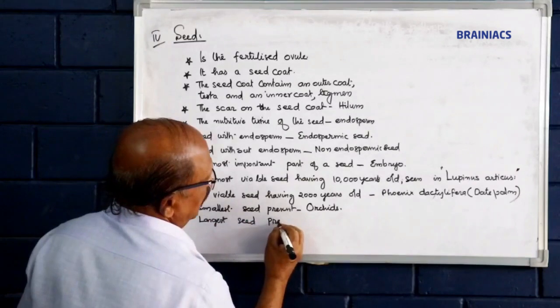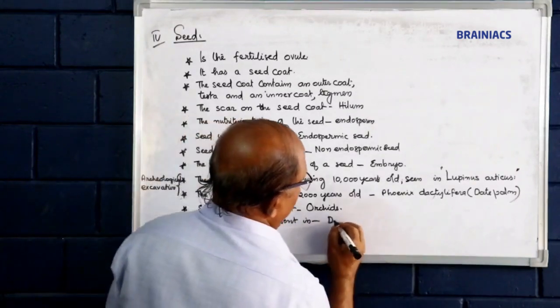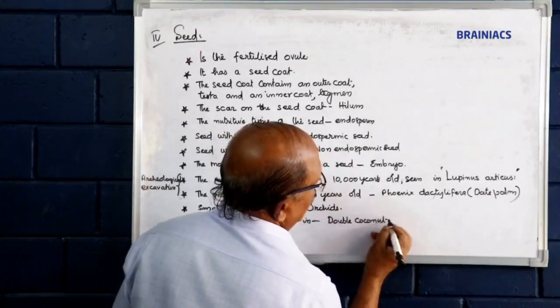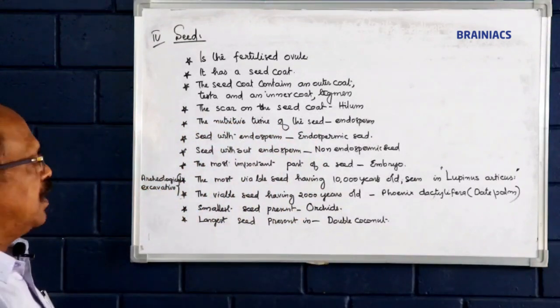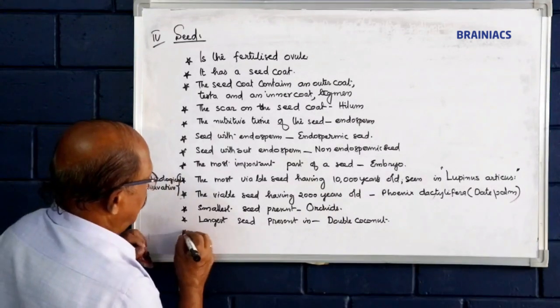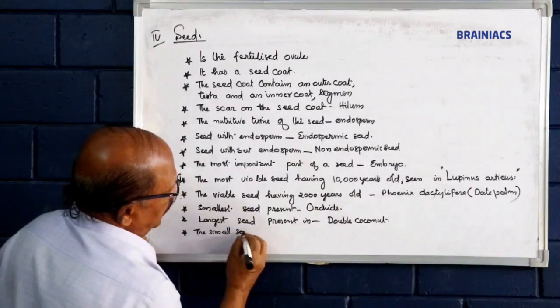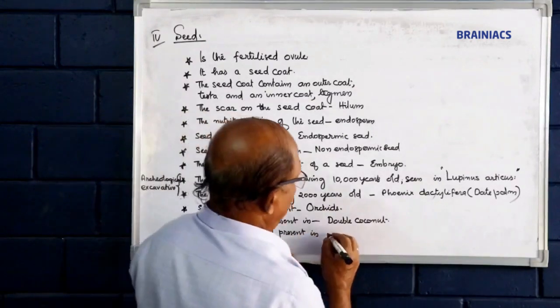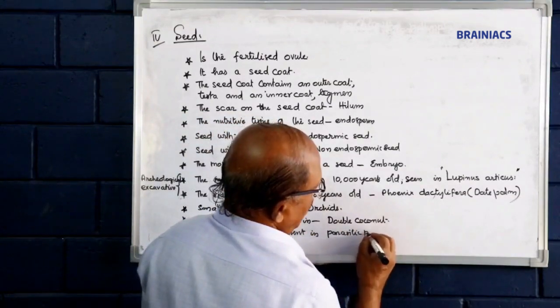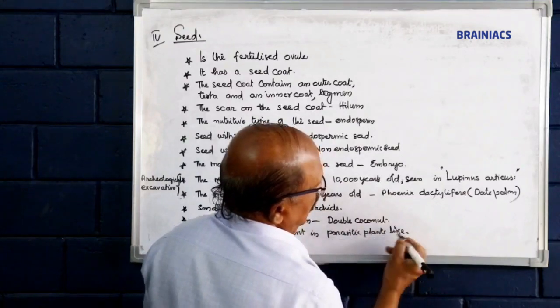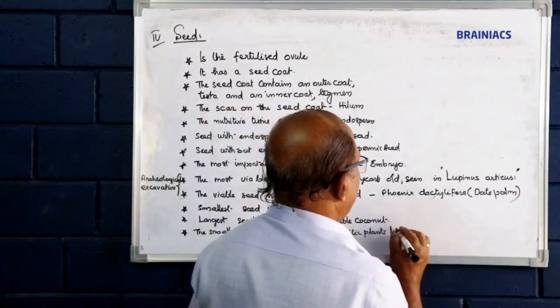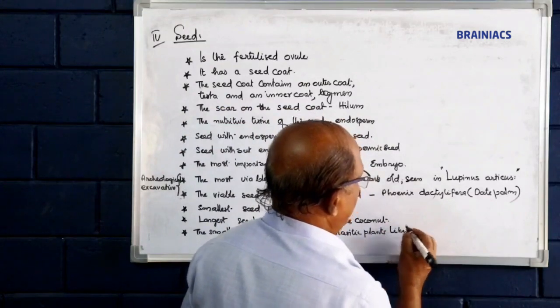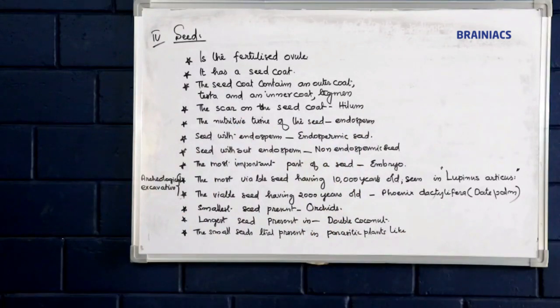The largest seed is present in double coconut, cycas, etc. Then the small seeds present in parasitic plants like Orobanche and Striga.